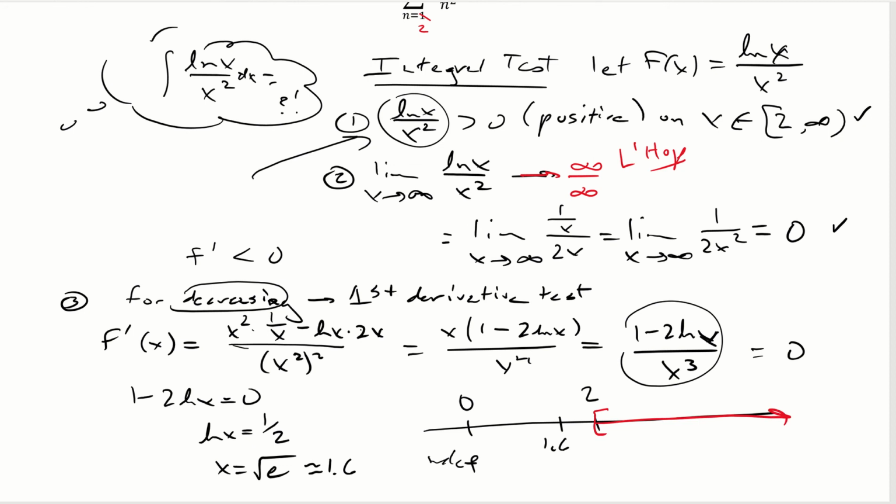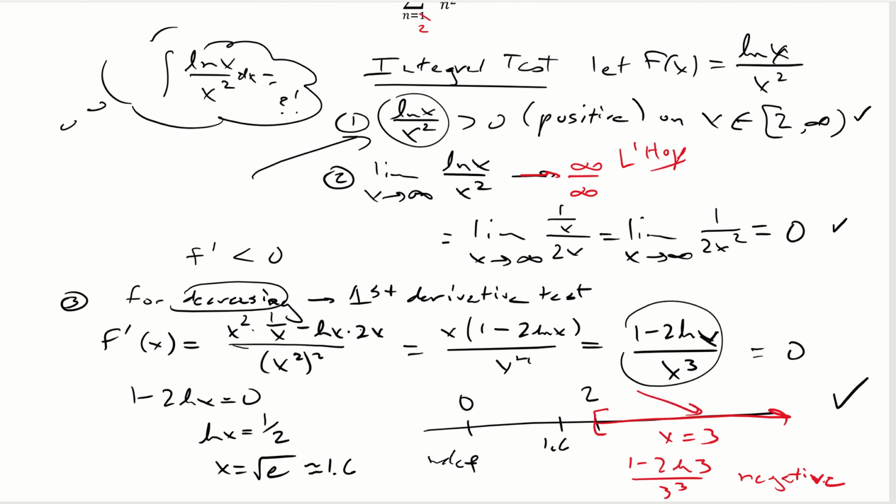If you plug in a number, like say for instance x is equal to 3, into this guy, you get 1 minus 2 ln 3 all over 3 cubed. You know what? That is negative. You can do it on your own. And what we've proven is the function finally is decreasing.